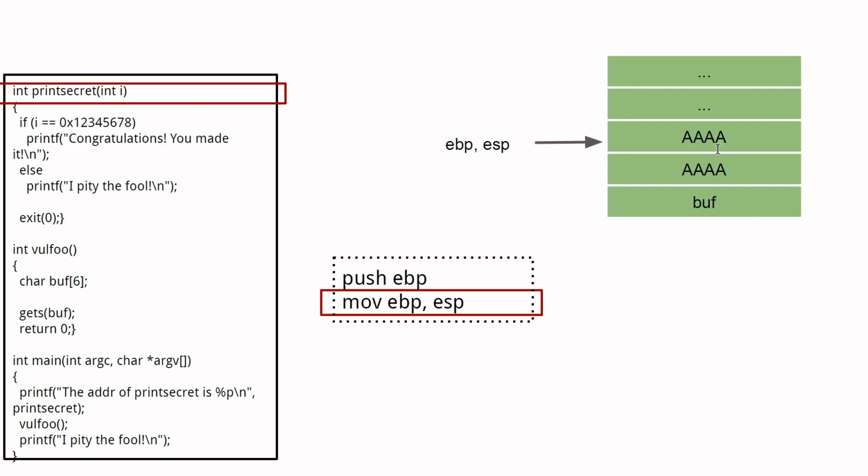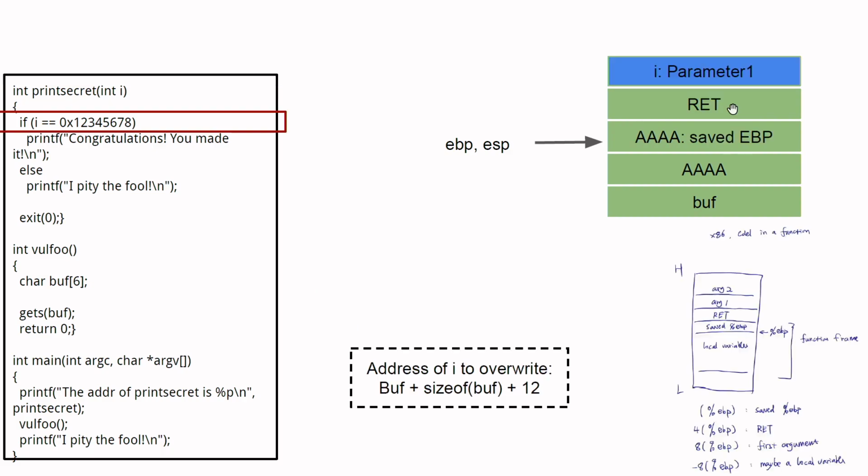And for that print secret function, it will treat whatever EBP plus 4 points to as a return address. Okay? And we didn't really put anything there. And because it will treat its own EBP plus 4 as a return address, it will treat EBP plus 8 as its parameter. Okay. So the stack will actually look like this.